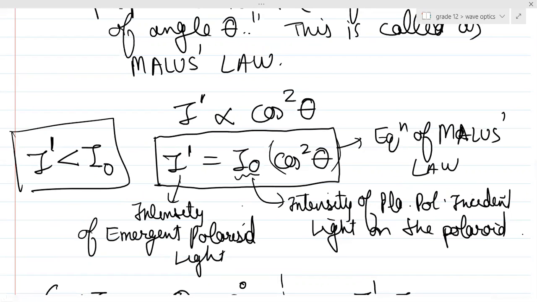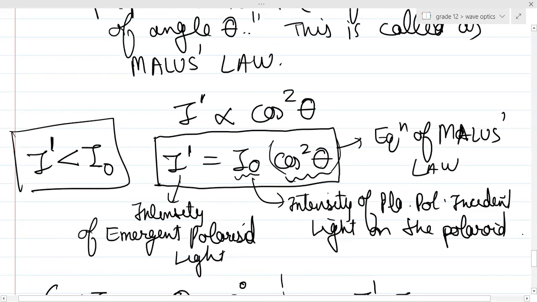What is the average value of cos theta and sin theta? It's 0. Average value of cos 2 theta, sin 2 theta, 0. But the average value of sin square theta or cos square theta, it's 1 by 2.